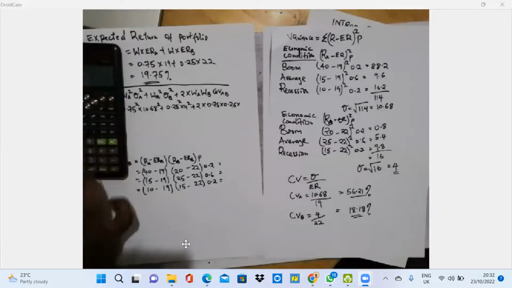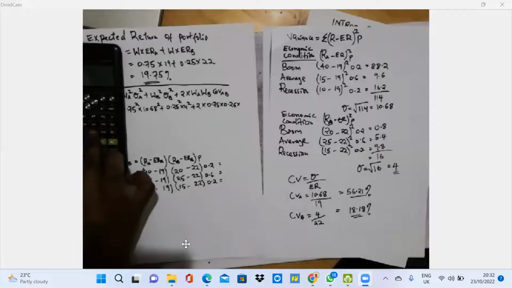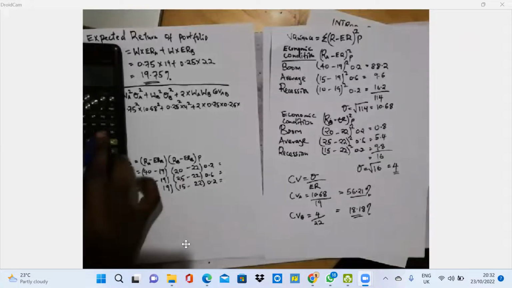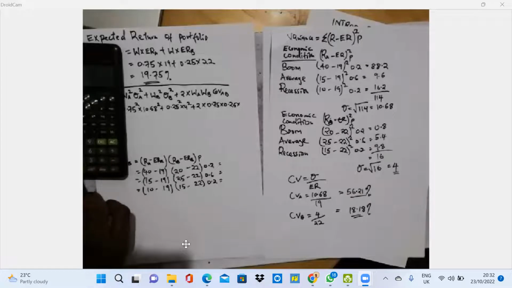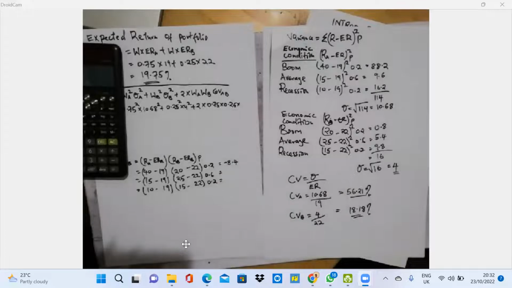So this is 40 minus 19 times 20 minus 22. Answer, you multiply by 0.2. I'm getting negative 8.4.